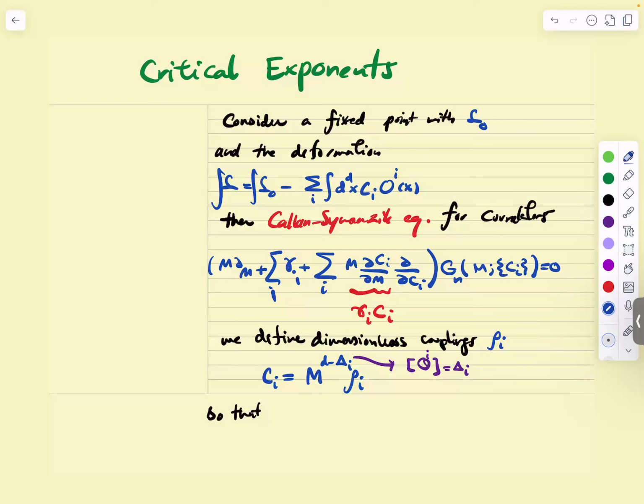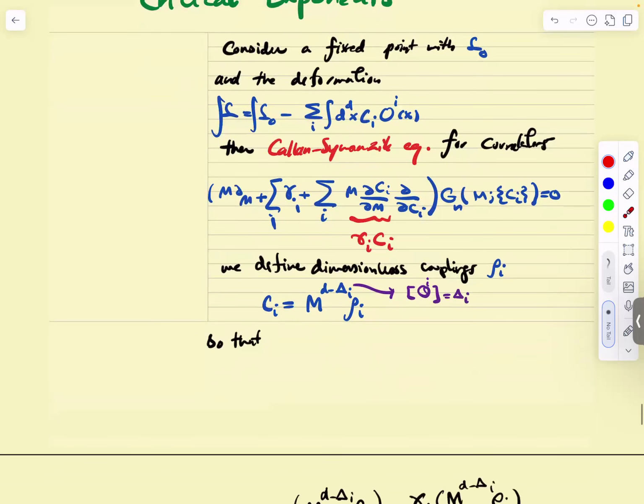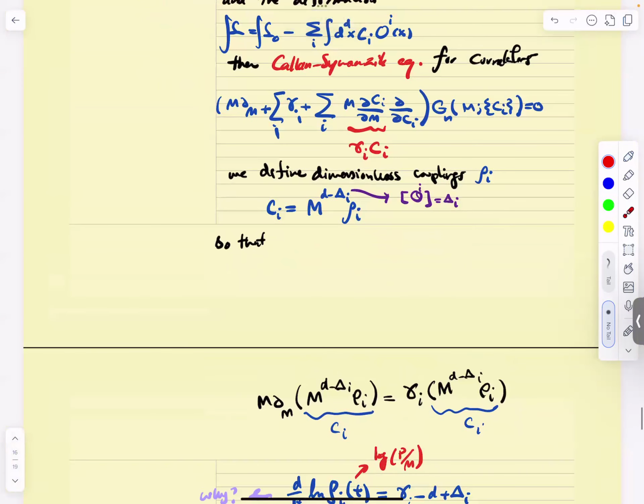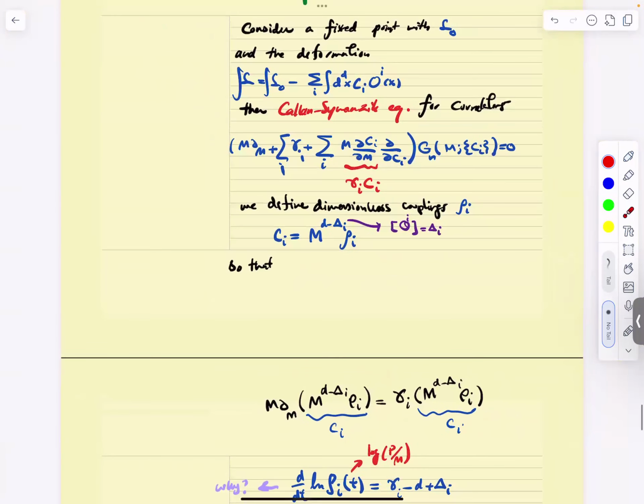Good. All right, so the principle is simple. You basically write everything in terms of dimensionless coupling, take out the dimensionality explicitly and put it out there. Now, what happens is, well, just plug it in there. You have M d/dM of C_i is this guy, right? That will give you gamma, this has to, yeah, okay, sorry.